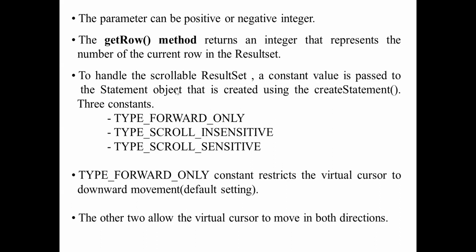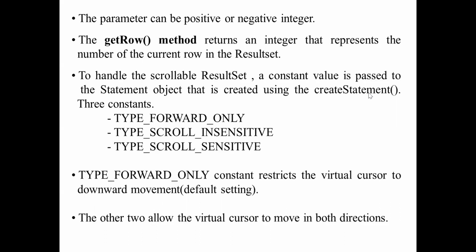And how do we handle the scrollable result set? The value is passed to the statement object, which you created by using createStatement. There are 3 types of constant values in the scrollable result set. You should write TYPE_FORWARD_ONLY, TYPE_SCROLL_INSENSITIVE, and TYPE_SCROLL_SENSITIVE.